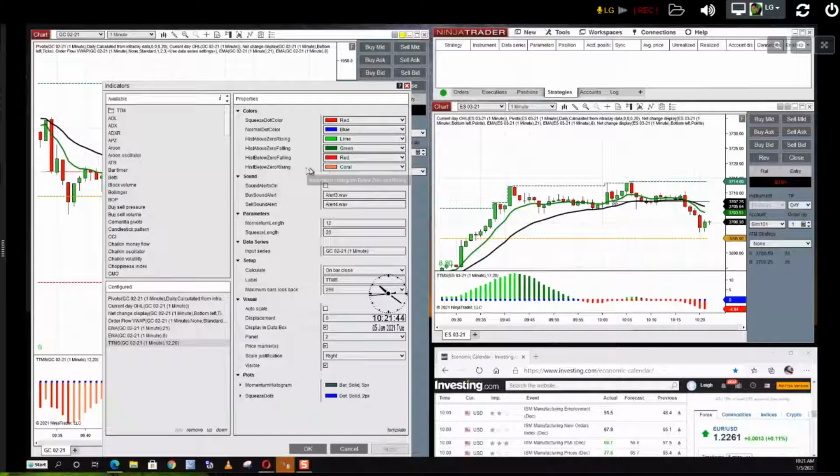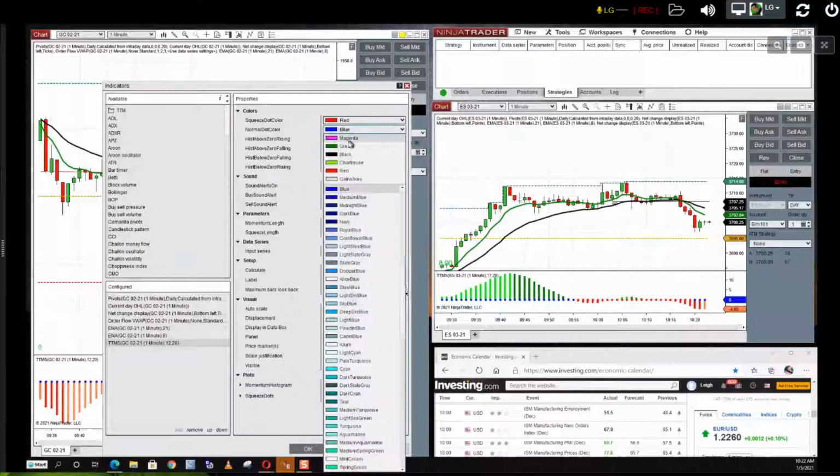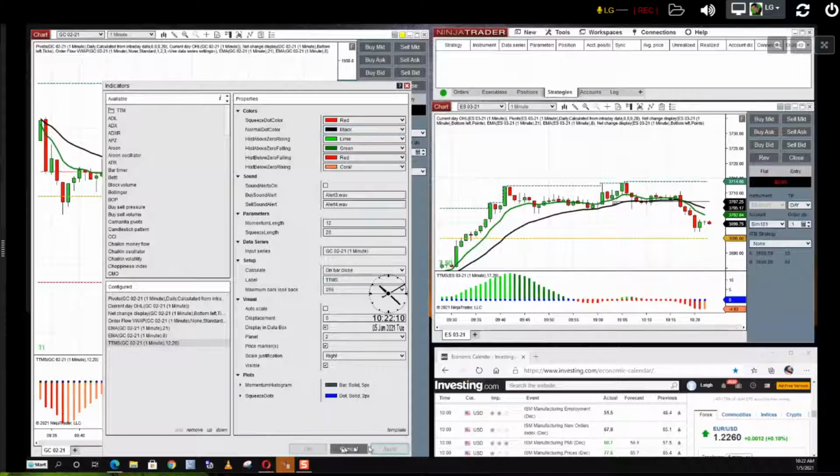Below zero rising is a light red or coral. That's it. And then you can make your squeeze dot color whatever you want it to be, or your normal dot color. My squeeze dot color is red. My normal dot color is blue. I almost like the normal dot color to be black. It's easier to see.